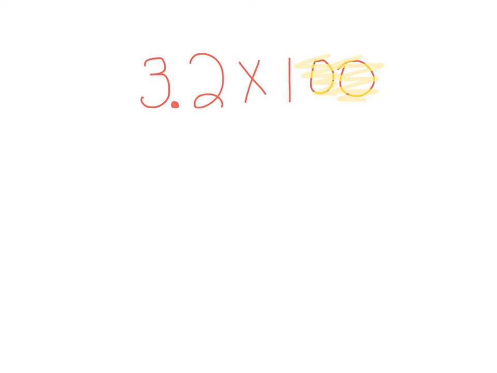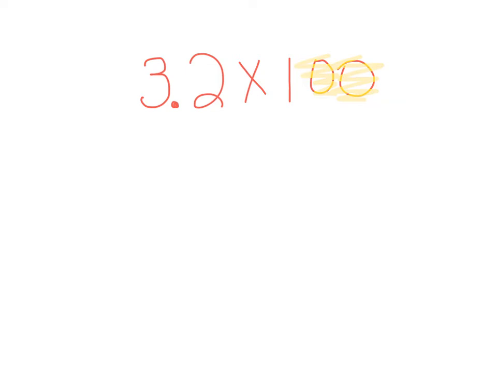The same is going to be true if I take 3.2 and times it by 100. I don't even have to line it up vertically because all I'm doing is moving the decimal. I'm taking 3.2 and timesing it by 100. Well, if we look, I count my zeros. I have 1, 2 zeros. How many spots will the decimal move? It will move 2 spots.